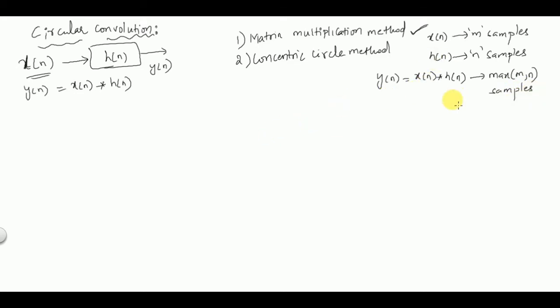This is a very important formula. You have to remember: x of n consists of m samples, h of n consists of n samples, then y of n, the output of circular convolution, consists of a maximum of m comma n samples. Now we will see the matrix multiplication method.